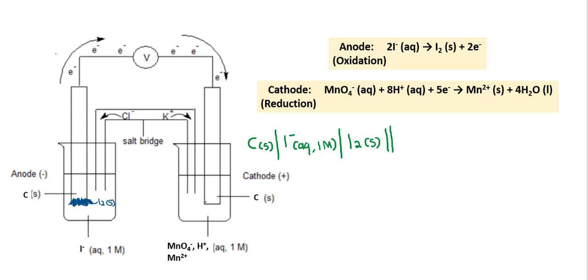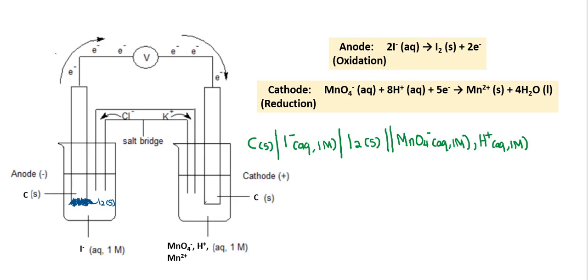And then we have at the cathode MnO4- aqueous 1 molar. Since we have H plus also in aqueous, we use a comma to separate it. So H plus aqueous 1 molar, and it produces the Mn2+ ion.